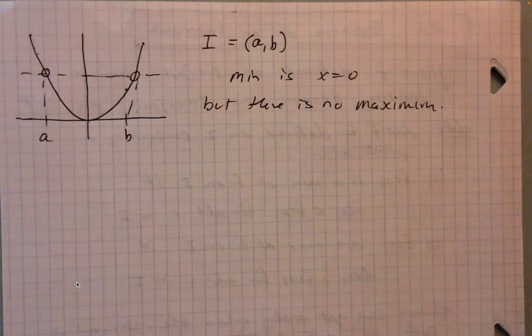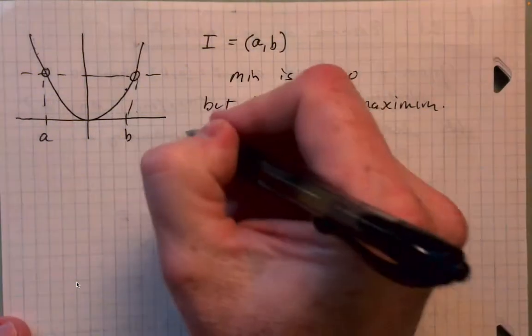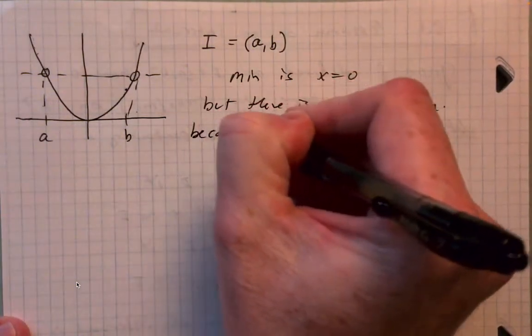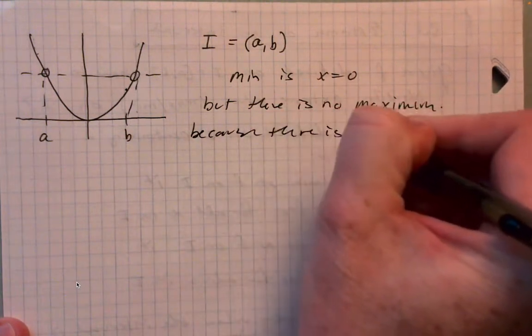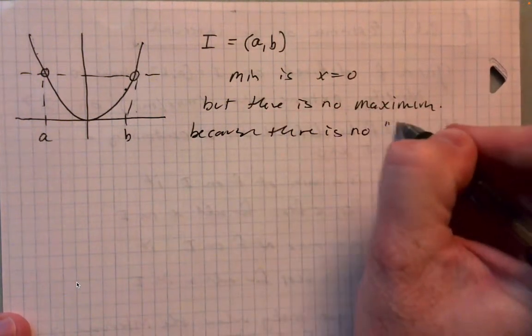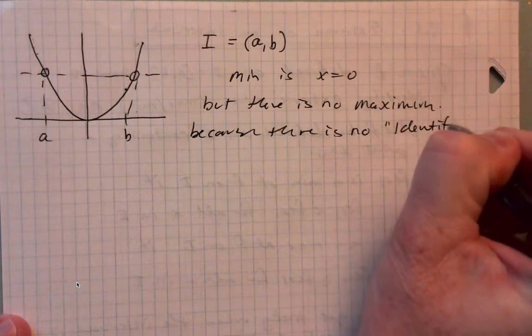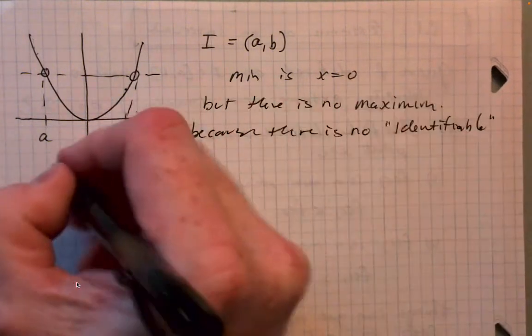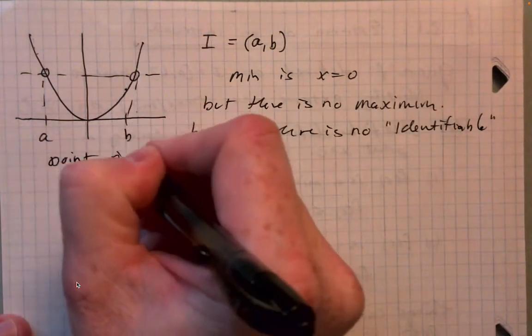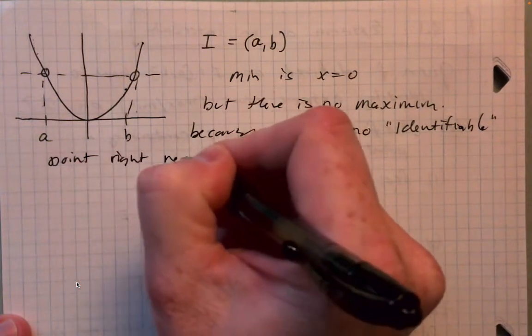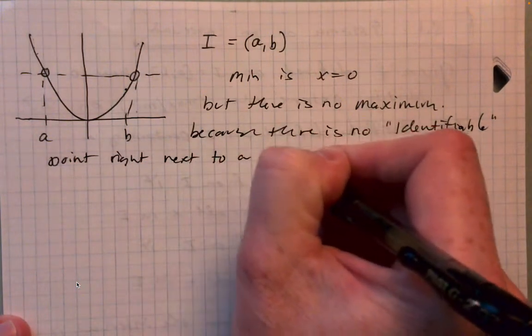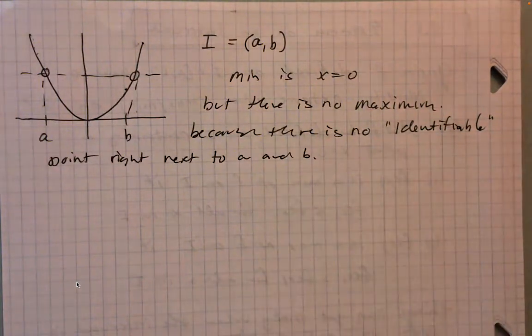So for the same reasons, there is no maximum because there is no, and this is the key, identifiable point right next to a and b. There's definitely a point there, but you just don't know what it is.